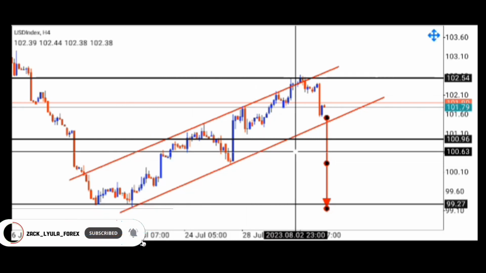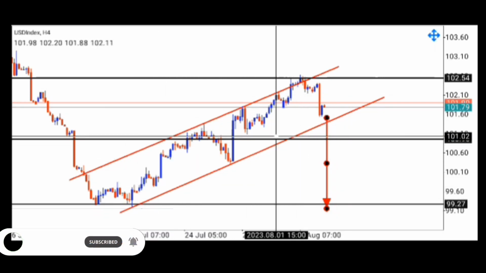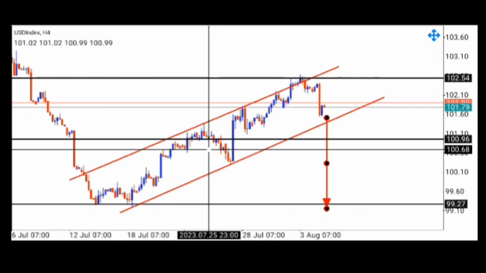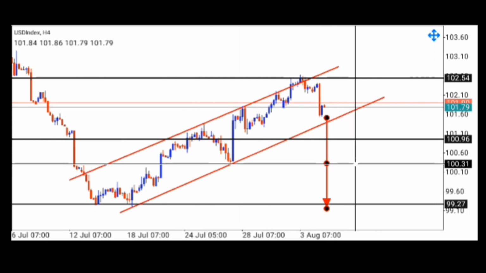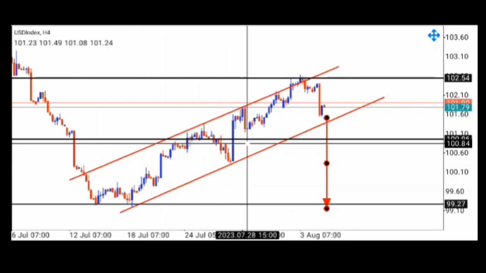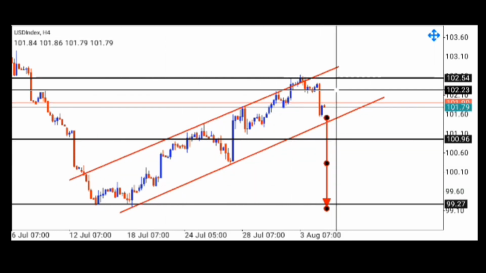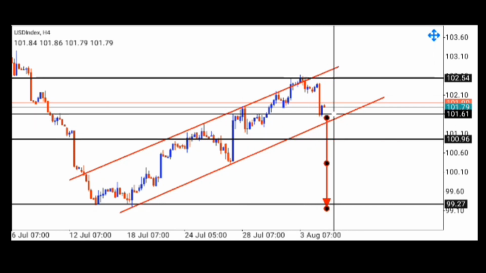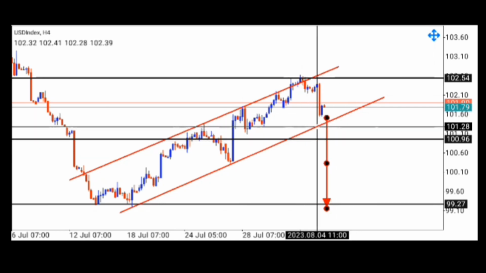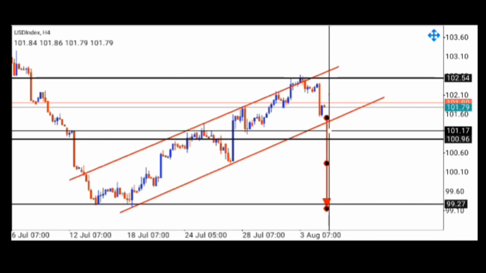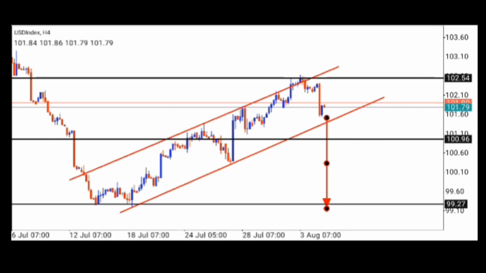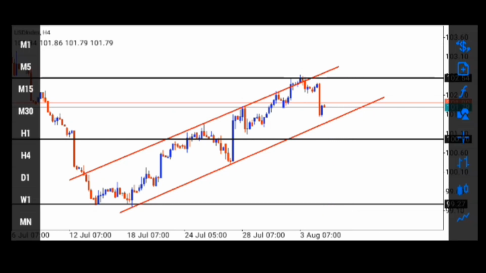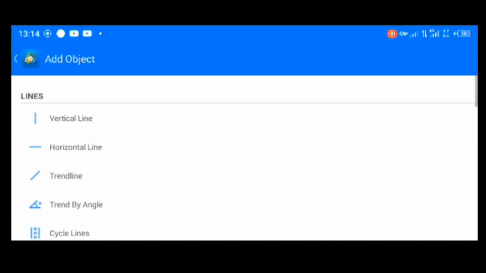It's a bullish momentum short term, but forming a bearish flag. So I want to see the market get out of this bullish momentum by breaking out of this trend line. Once it breaks out and closes below the trend line, then I'll be sure that the selling momentum has ensued. So that's what I'm expecting on the DXY for this coming week.